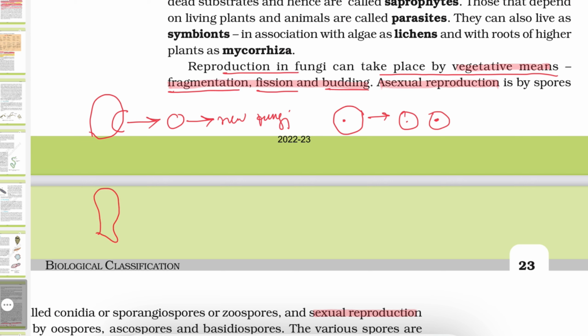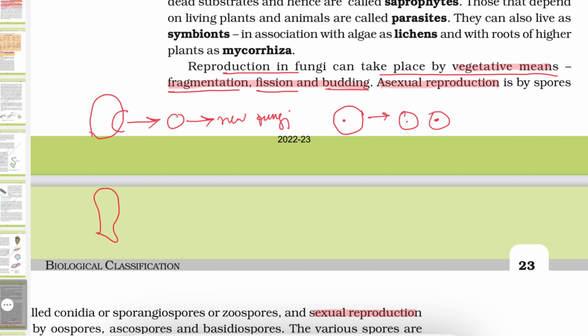Now, asexual reproduction is by spores. What are the names of the spores? Conidia, sporangiospores, or zoospores. So you can remember it by CZS: conidiospores, sporangiospores, and zoospores.